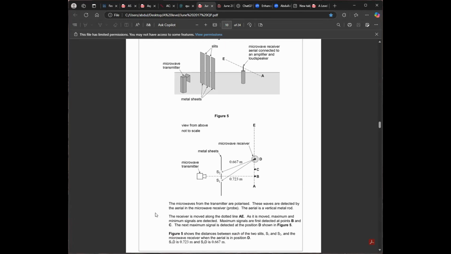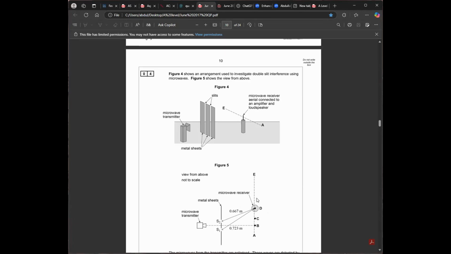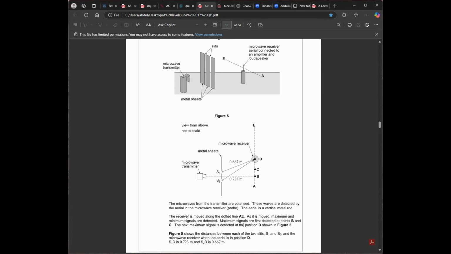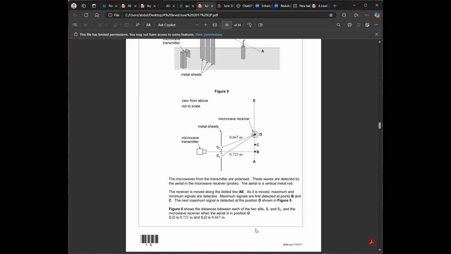The receiver is moved along the dotted line, from A to E. As it is moved, maximum and minimum signals are detected. Maximum signals are first detected at points B and C. The next maximum signal is detected at D.